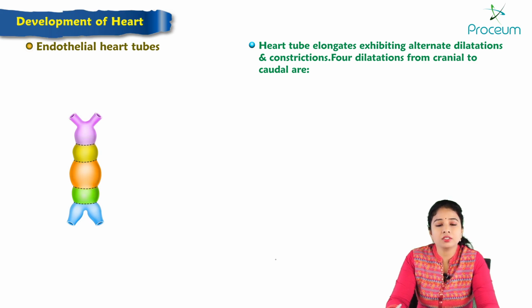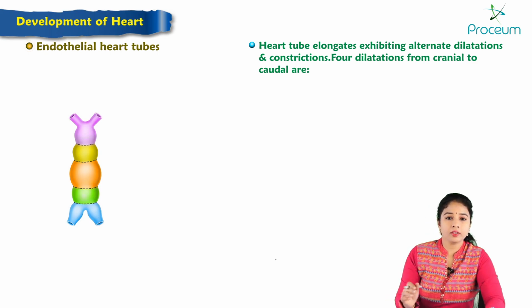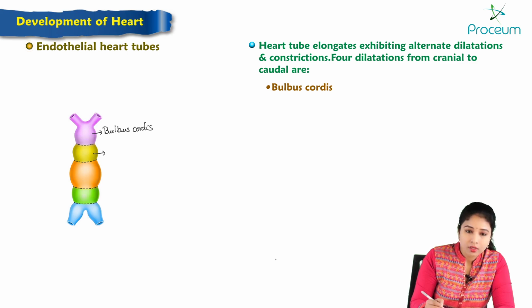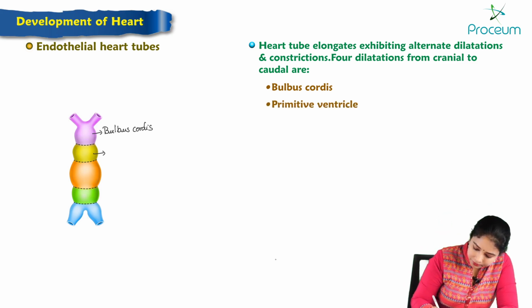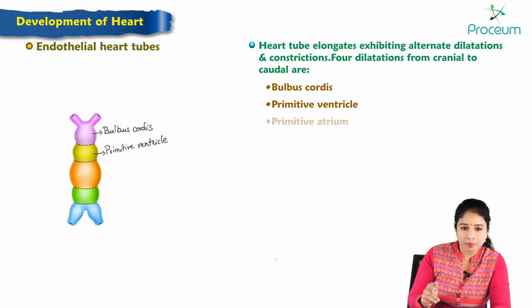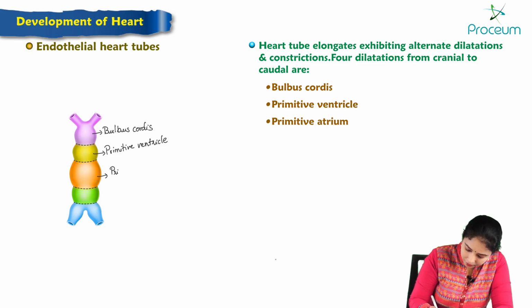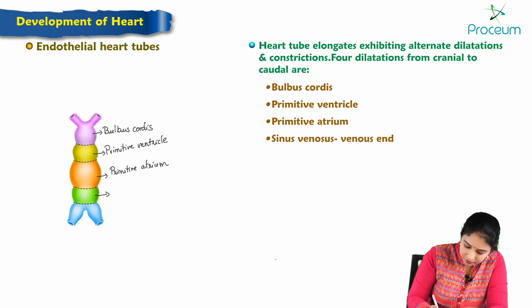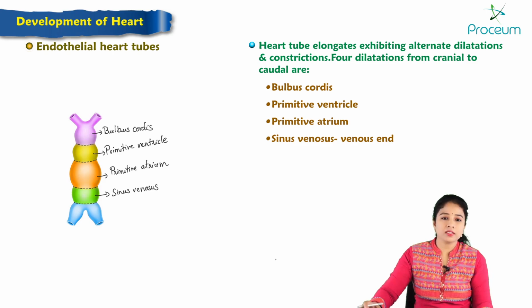The 4 dilatations from cranial to caudal are: the cranial most is the bulbus cordis, below the bulbus cordis is the primitive ventricle, below the primitive ventricle is the primitive atrium, and the caudal most part is the sinus venosus. The sinus venosus is the venous end of the heart tube.